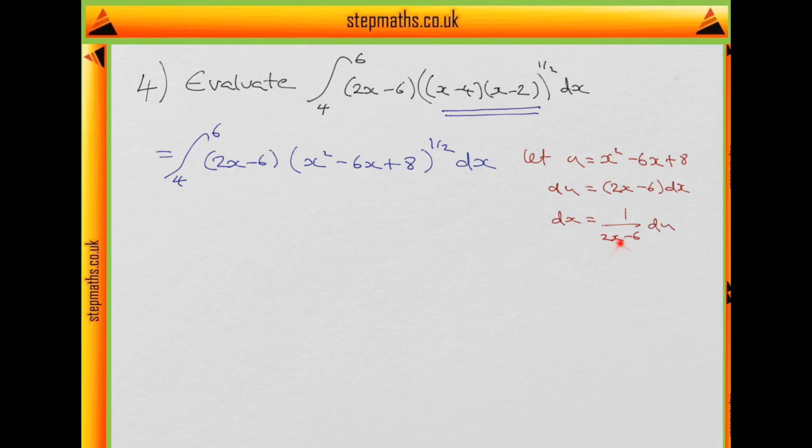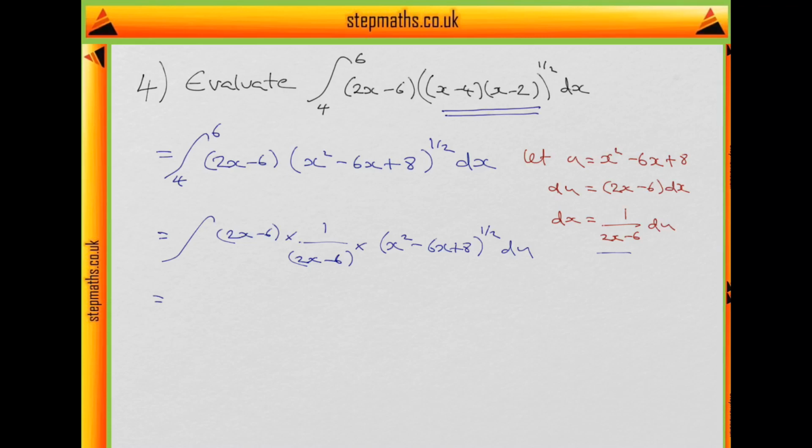Now, when we see this, we're very happy because we notice that it's actually in the integral already. So we're looking promising. So subbing this back in, we get the integral, and remember the bounds are going to change because we've made the substitution, so we'll evaluate those in a minute, of 2x minus 6 times 1 over 2x minus 6, coming in here, times our original term, x squared minus 6x plus 8, to the half du.